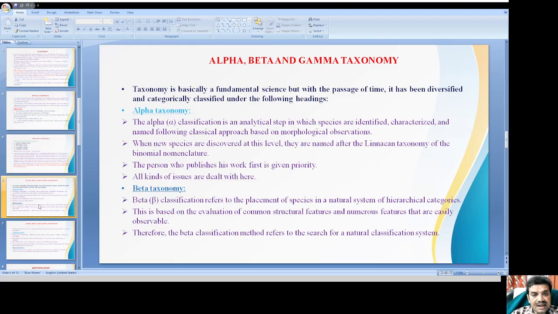But when it is a matter of beta taxonomy, here the species and its placement is basically done on the basis of the natural system of hierarchical categories.